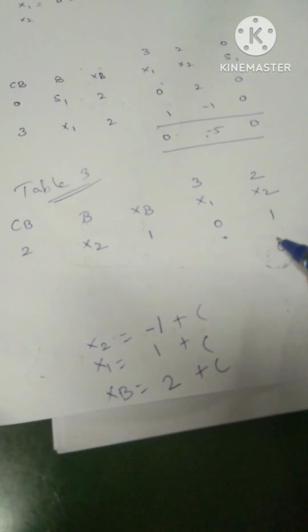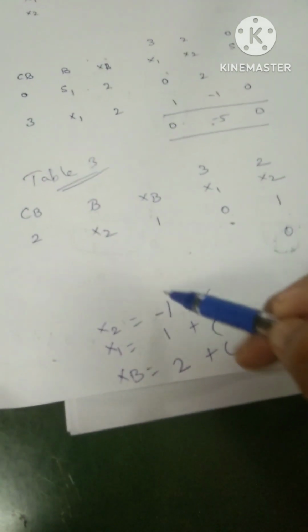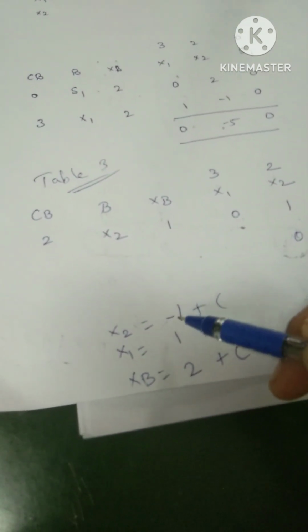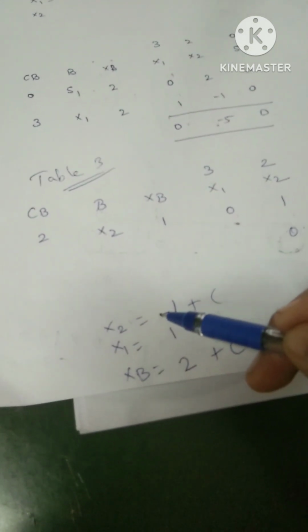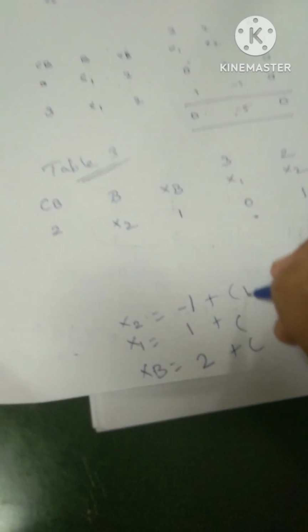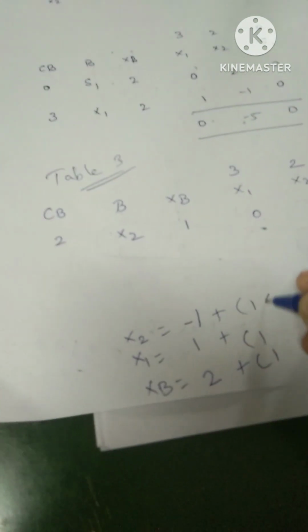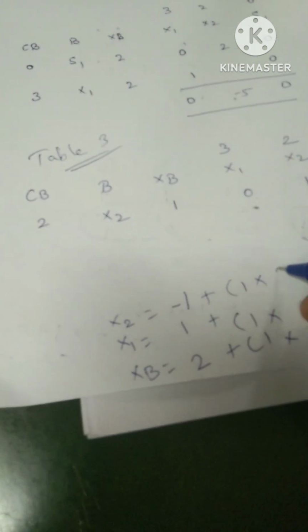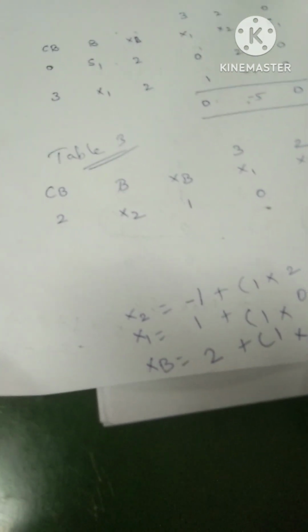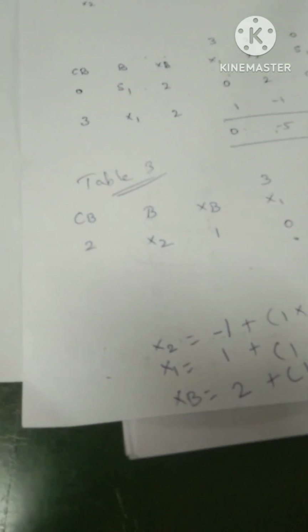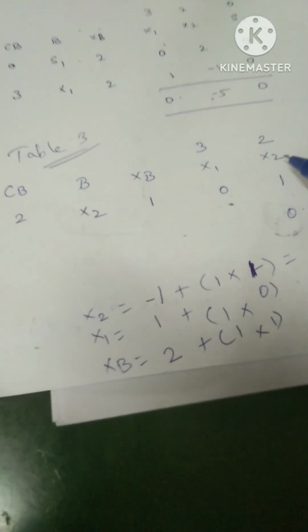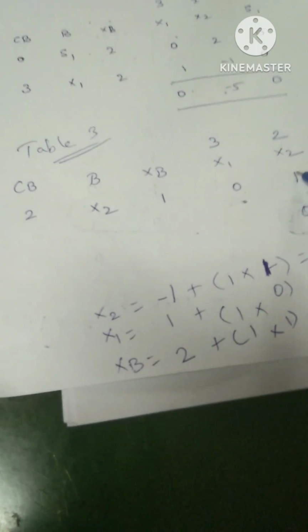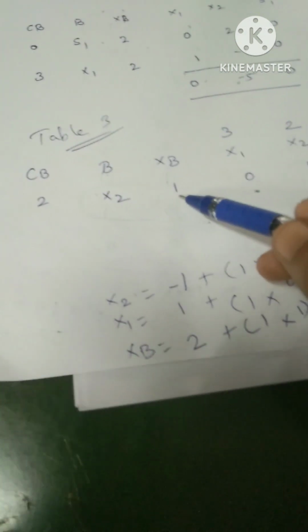Here we are converting the x2 as 0. So the old table value of x2 is minus 1, which will be converted as a common factor, that is the minus 1 will be considered as a plus 1, and it should be multiplied with the new table. The new table values are x2 is 1, x1 is 0, and Xb is 1.